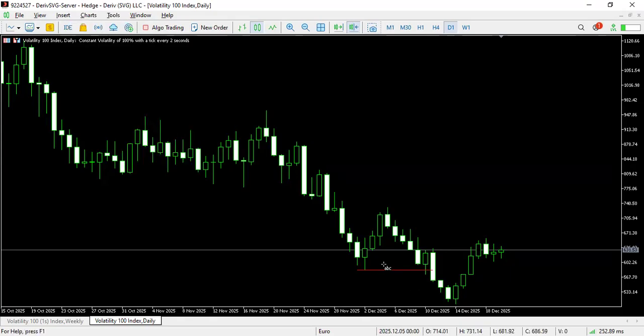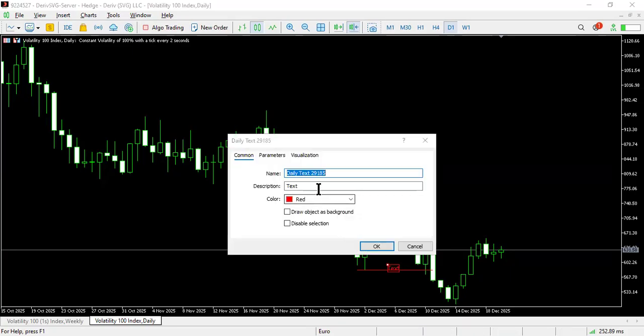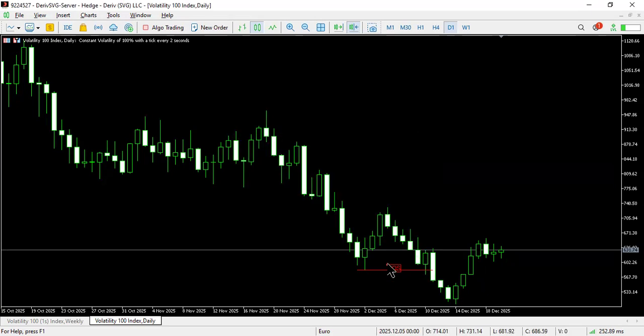So that is a break of structure. That is a break of structure to the downside.